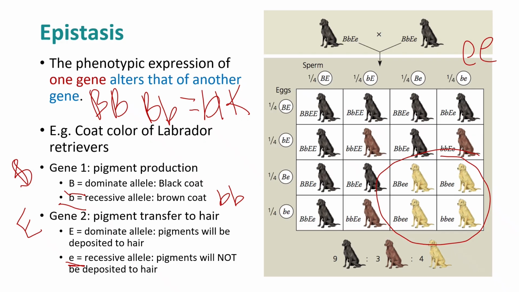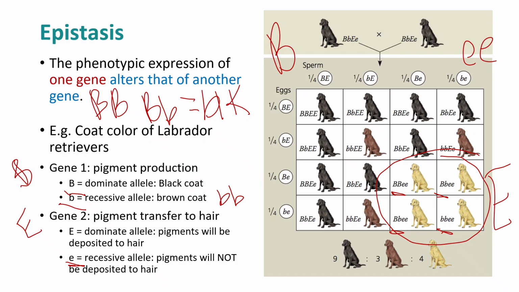So this is what epistasis is. When the phenotype of one gene, in this case our gene E, right? I'm going to do an uppercase E there, can alter the phenotype of the other gene, which would be gene B in this case. So you can see it doesn't matter what the B's are here. If it has lowercase e, homozygous recessive, it's going to be a yellow lab no matter what. It's not going to change.